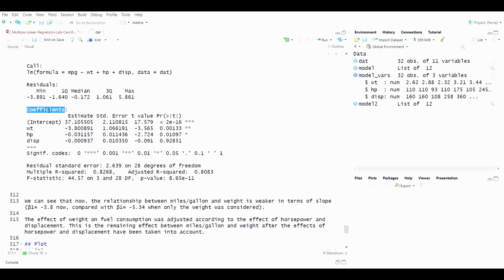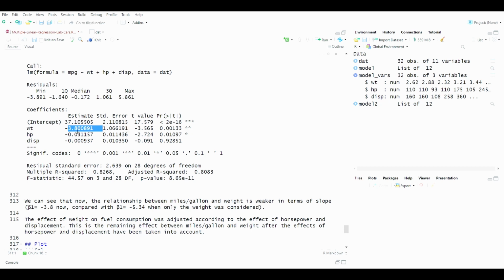Now we go down to the coefficients table, and we can see that our intercept estimate is 37, pretty similar to what we had with the simple linear regression. This gives us also the standard error of the intercept, the t-value, and the p-value of the intercept. We then also have the estimate, standard error, t-value, and p-value for our first x, which is weight.